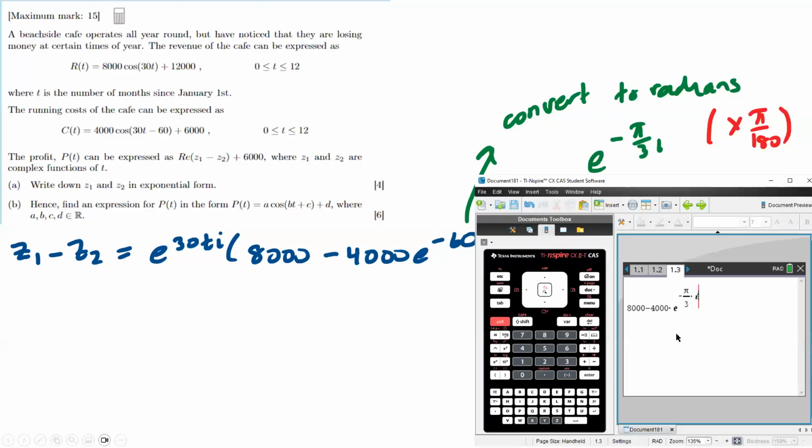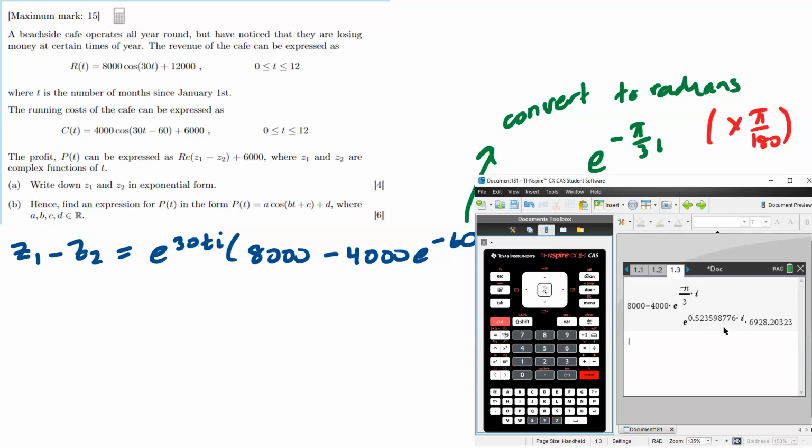Okay, I'm just making sure I've written that correctly. When I press enter, you'll see the calculator has written this as a single complex number with a modulus of 6,928 and an argument of 0.5236.